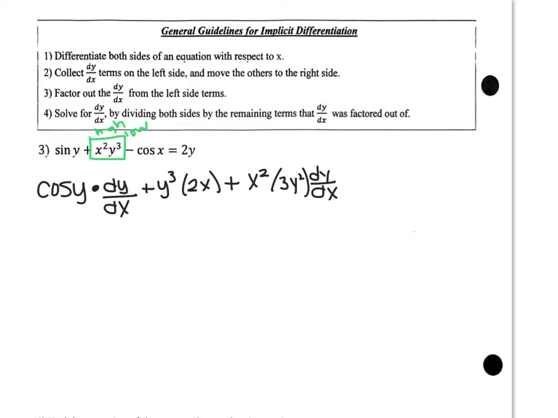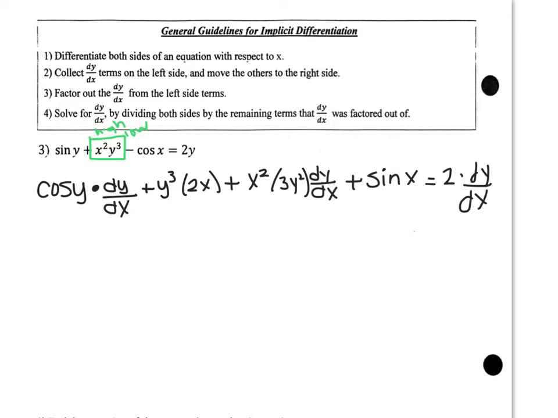And then the next term is the derivative of negative cos. Well, the derivative of regular cos is negative sine. So a negative and a negative make a positive. And the derivative of 2y is positive 2. But again, we need another dy/dx because we're taking the derivative of a y value.